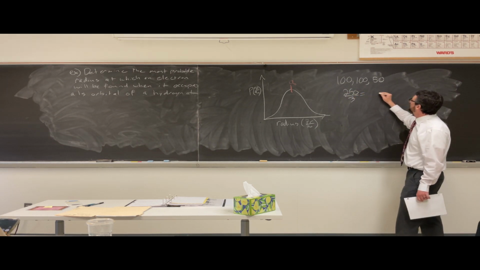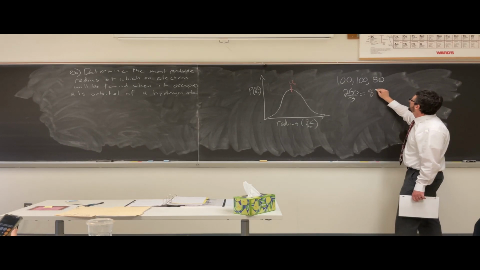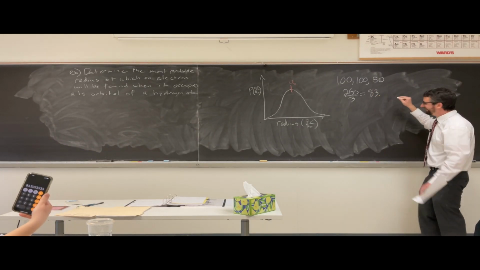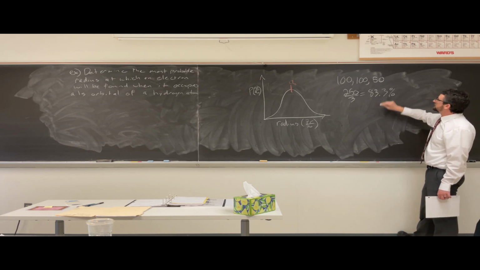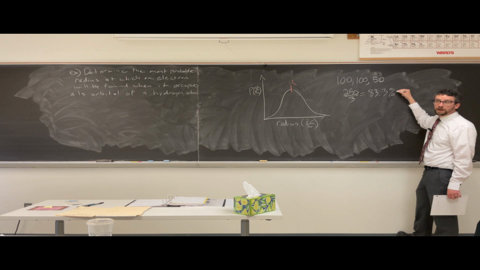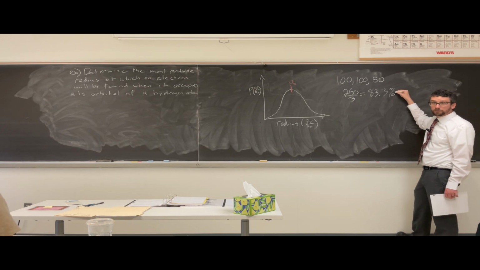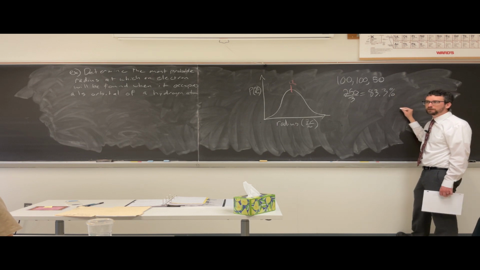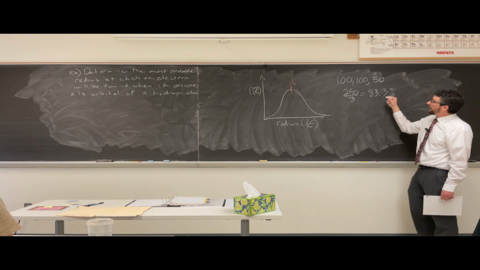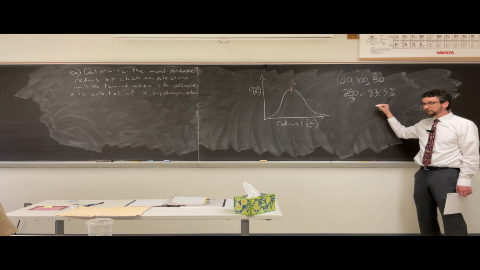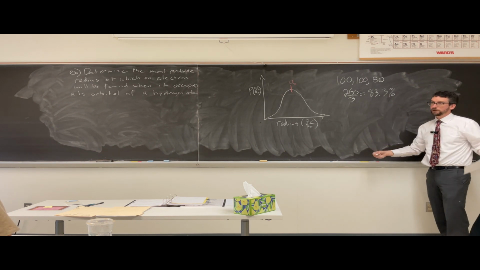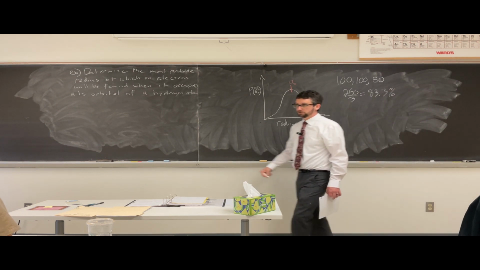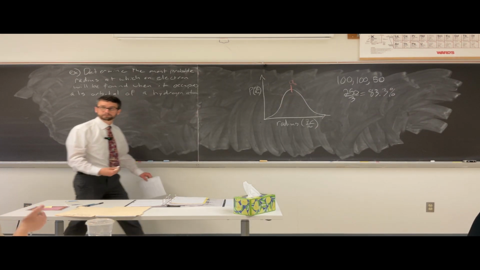Go math brain. 83.3333 percent. So this would be the expectation value for the grade, right? But this is a quantized system. What's the most probable one? 100. So expectation value doesn't mean most probable. It means the average value, right? You feel like you understand the difference there.